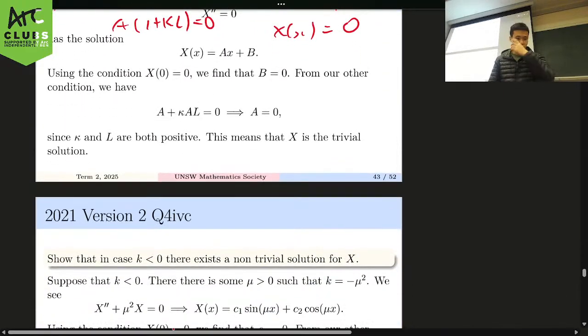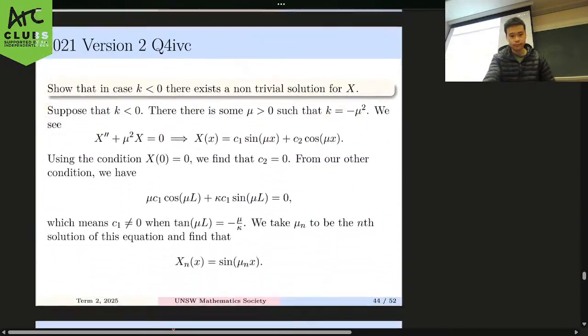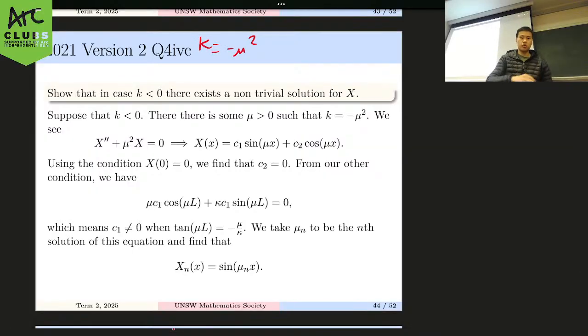However, the last case provides hope, when K is less than 0. If that's the case, I'm going to run out of space, so I'll just do it here. Essentially, let K be the negative of mu squared, just so we're not dealing with i's and all that.